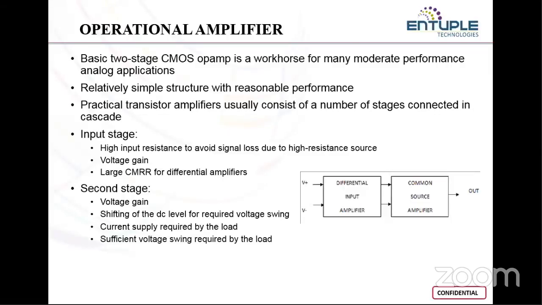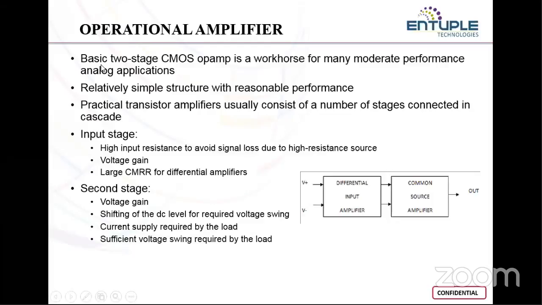Now combine these two and you can build an operational amplifier. The differential amplifier will act as the differential mode and produce a differential gain. The next part is a common source amplifier, which is called the gain stage. The first one is called the differential stage and the other one the gain stage. So that's what is given here.